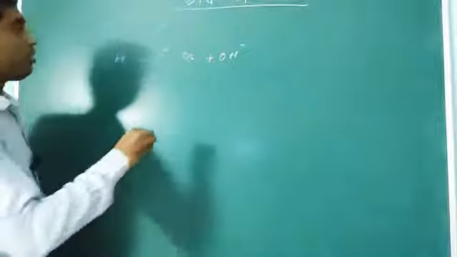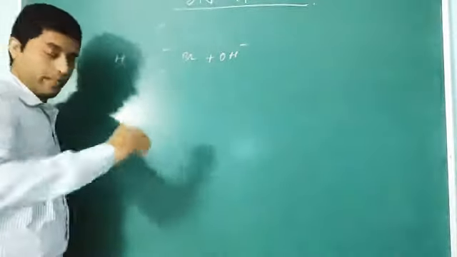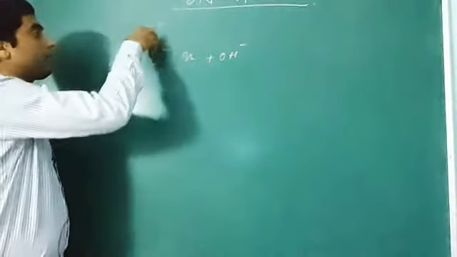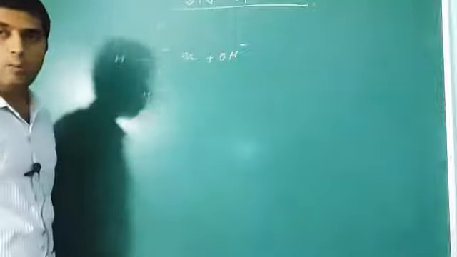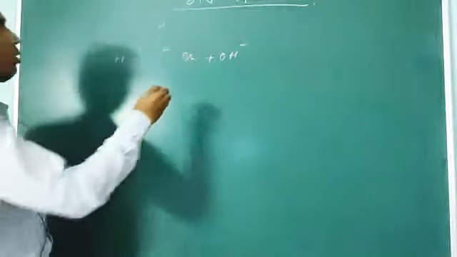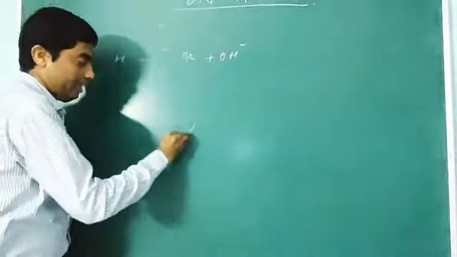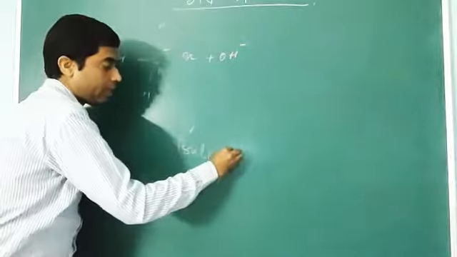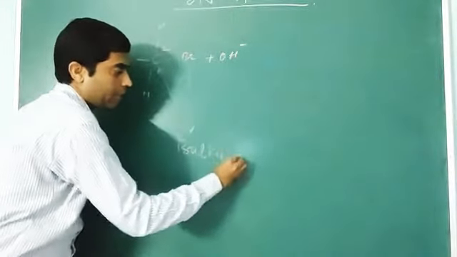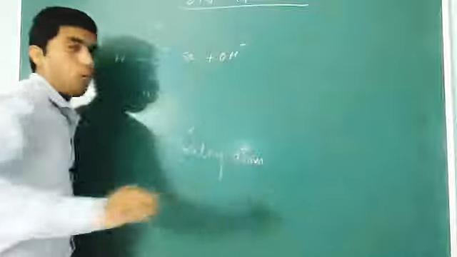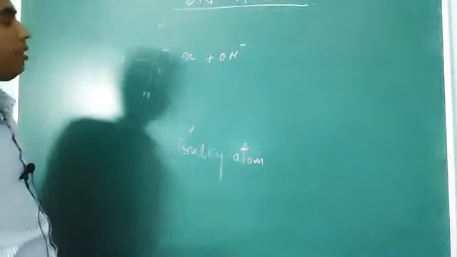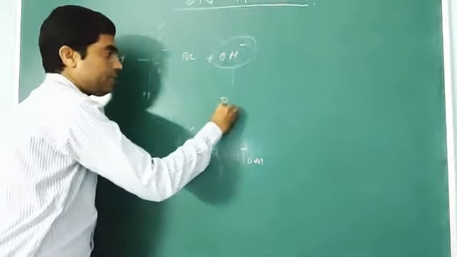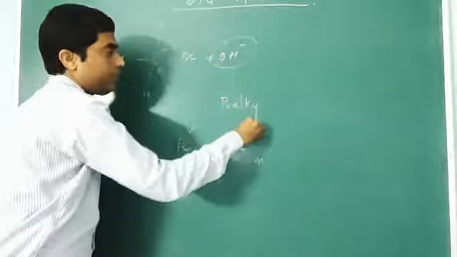Now observe this carbon. This carbon is surrounded by 3 hydrogens and 1 bromine. Bromine is a bulky atom and our nucleophile is also bulky.